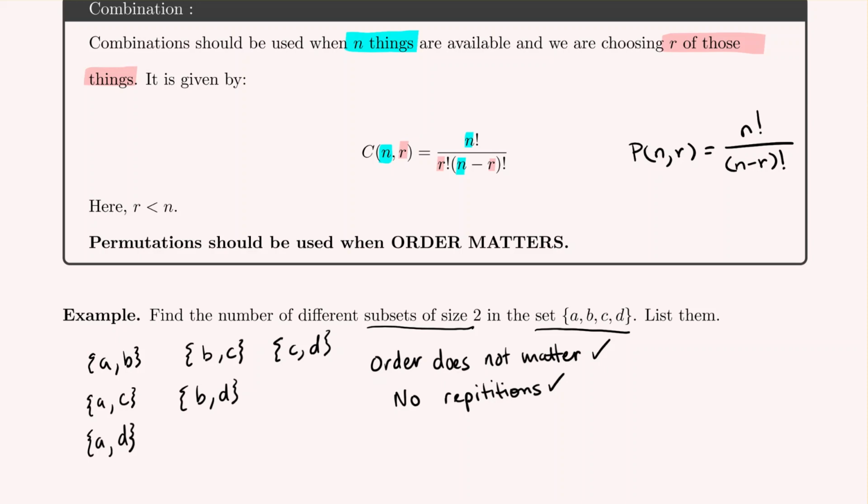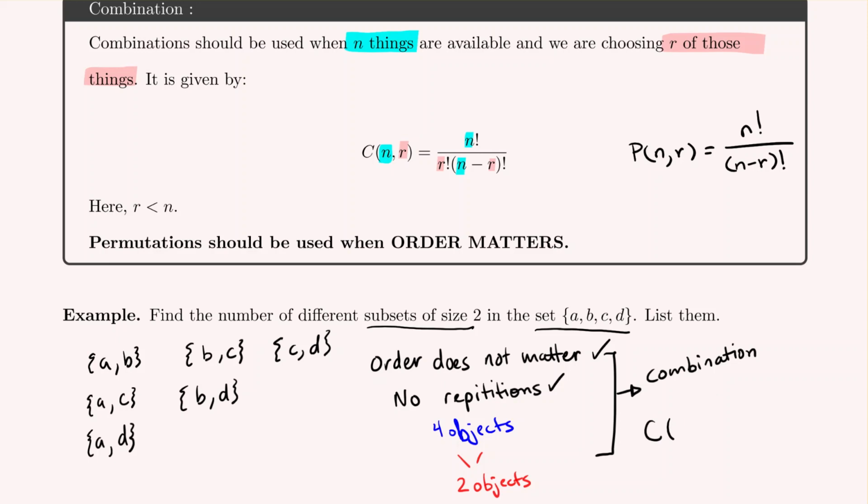And we're going from a larger group, 4 objects, and we want to select a smaller group from those of only 2 objects. All of these ideas, order not mattering, no repetitions, larger group to smaller group, mean we should use our combination formula, which we can see above on the screen.